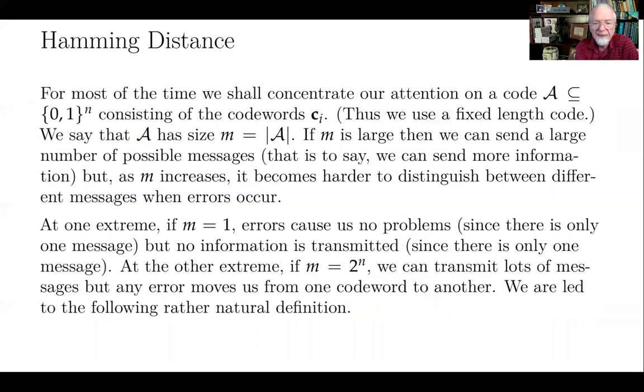If n is 7 or something like that, 2 to the 3 would be m. So if m is large, then we can send a large number of possible messages.